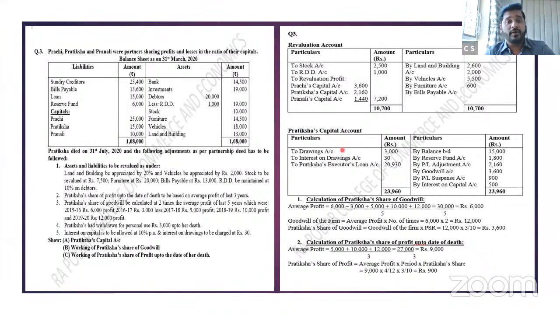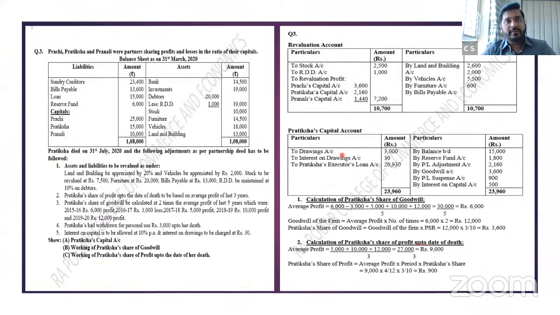Chances of asking a balance sheet, if you ask me, in a question of this particular chapter, death of a partner, are very less, but I won't say no. There were papers where this particular part was asked, so I won't say no to it.